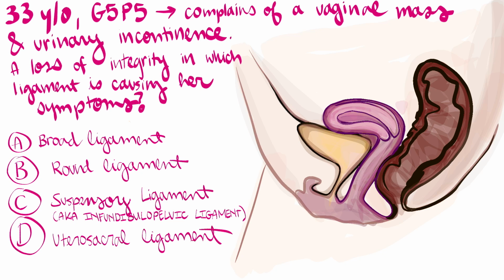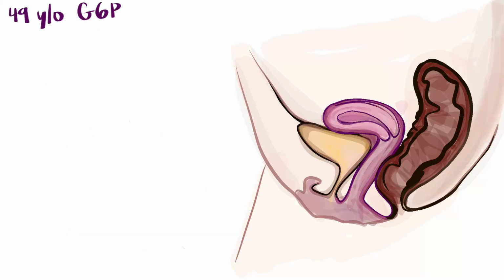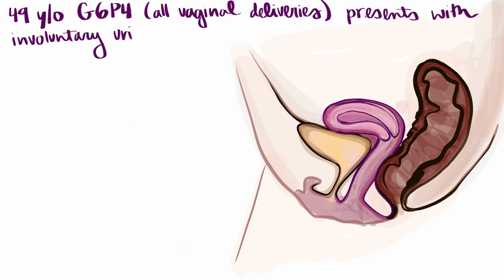So the uterus is falling down into the vagina. What would be causing that? If you can think back to that picture I just showed you a second ago of the whole pelvic floor, the ligament that's pulling the uterus back and keeping it taut is the uterosacral ligament. So that's what she's having trouble with. That's causing her incontinence.